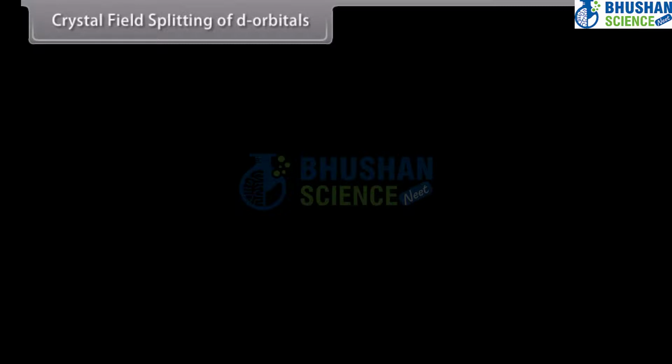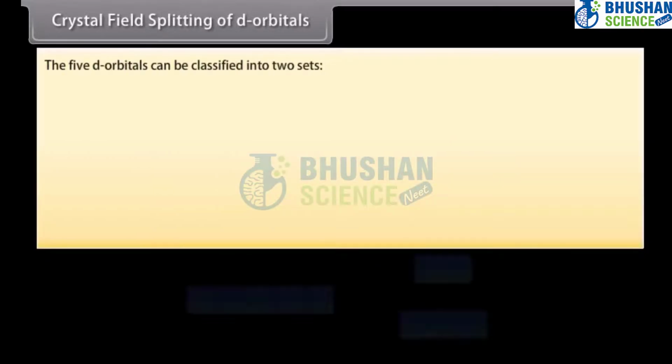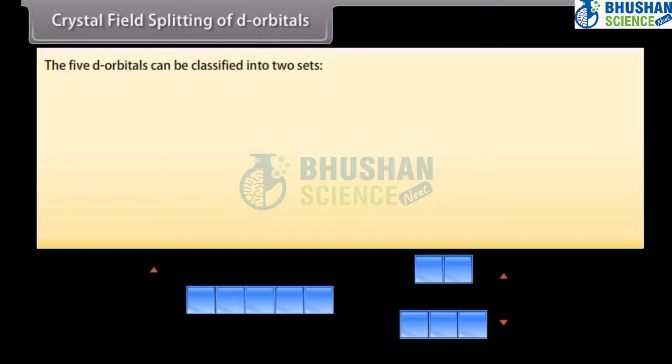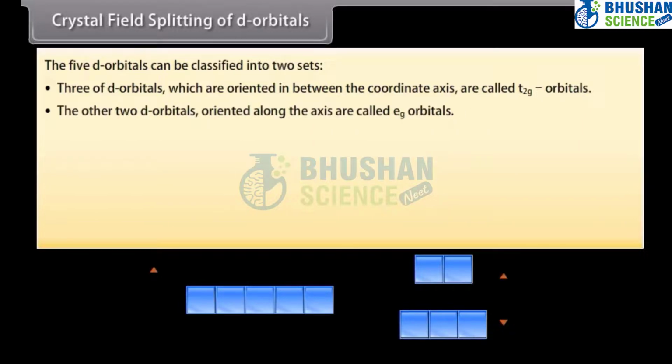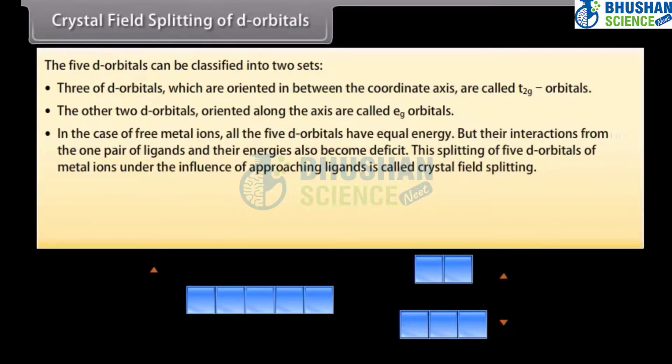Crystal field splitting of d orbitals. The 5 d orbitals can be classified into 2 sets. 3 of the d orbitals which are oriented in between the coordinate axes are called t2g orbitals. The other 2 d orbitals oriented along the axes are called eg orbitals. In the case of free metal ions, all the 5 d orbitals have equal energy, but on interaction with ligands their energies become different.